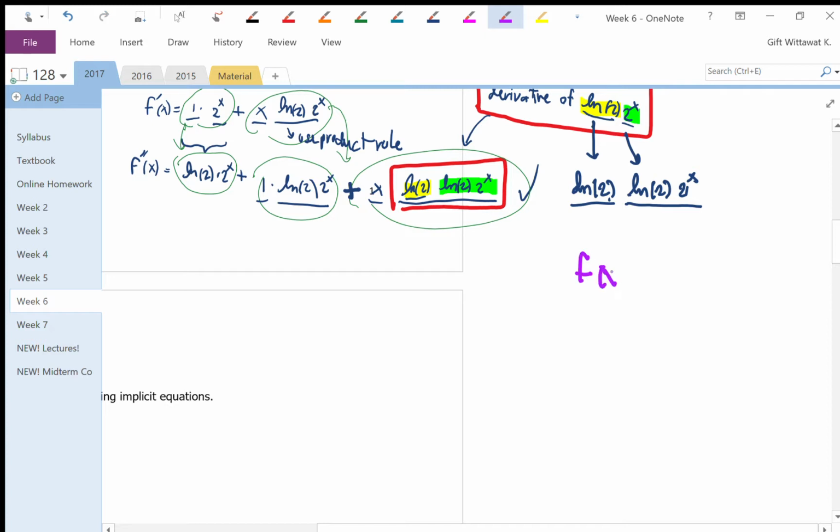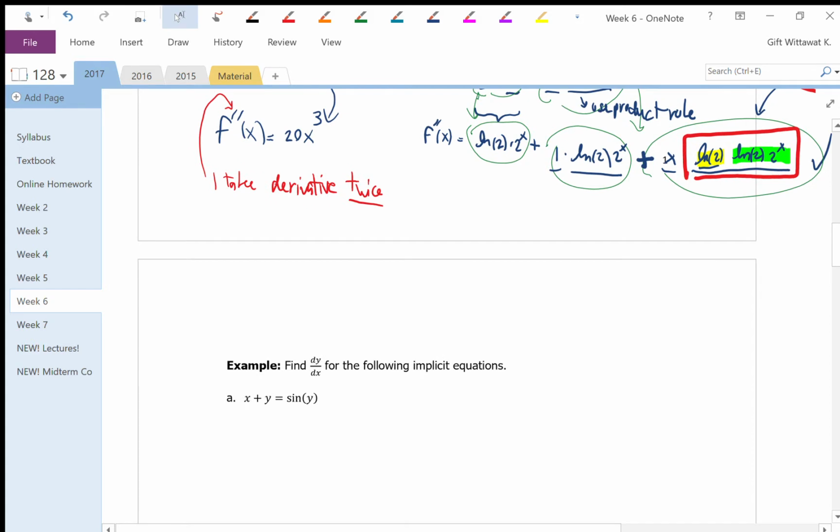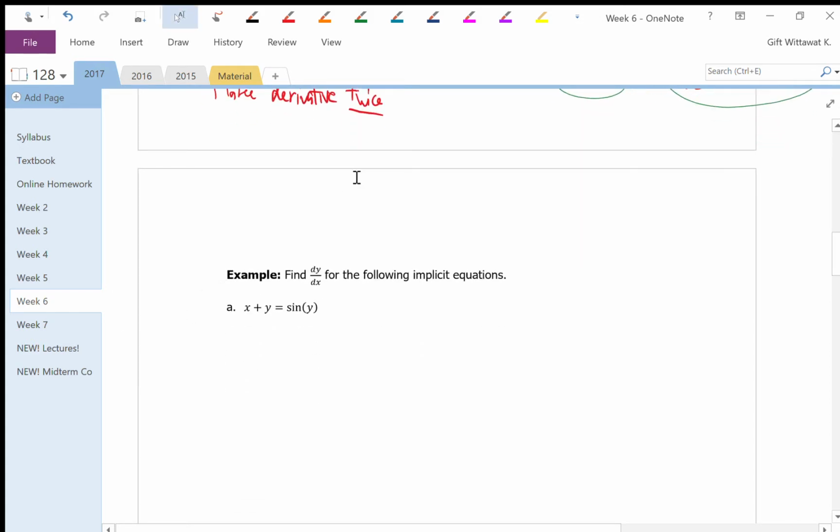Usually your function is just f of x equal to whatever, so y equal to whatever, where this is a term of x, like x squared plus 5x, or 2x plus log of x plus sine x or whatever. But usually you have f on one side and x on the other side, y on one side and x on the other side. However, sometimes things might not be that simple.